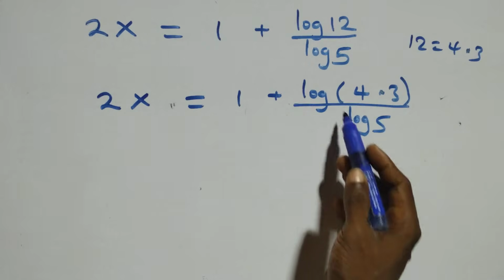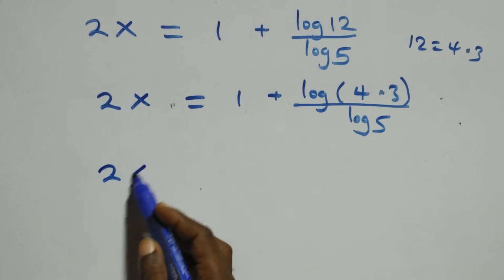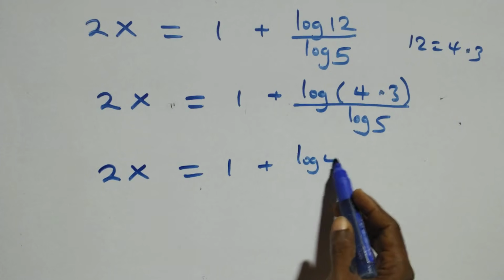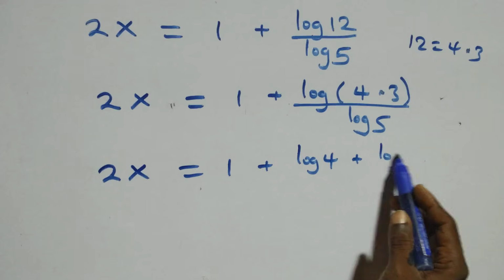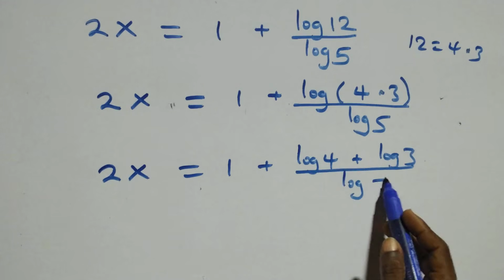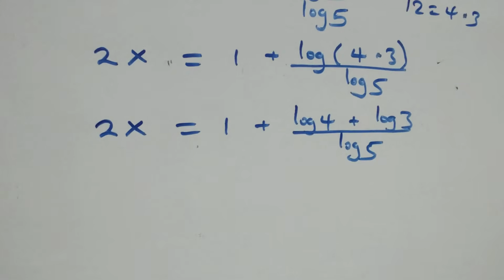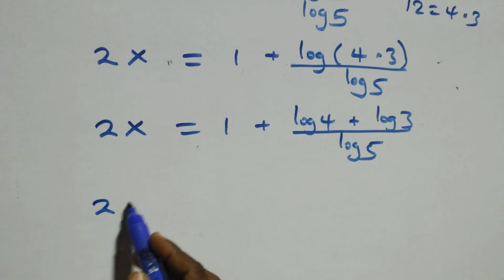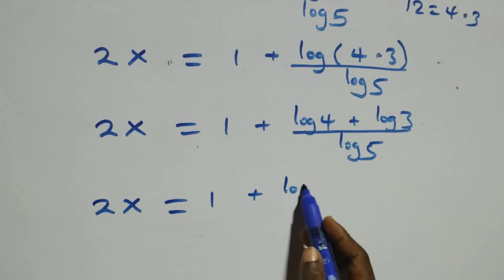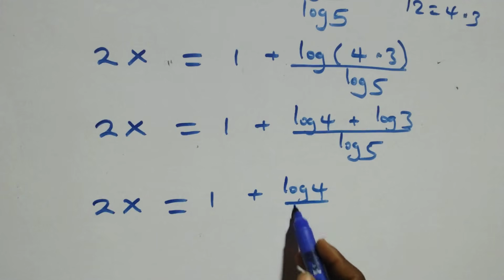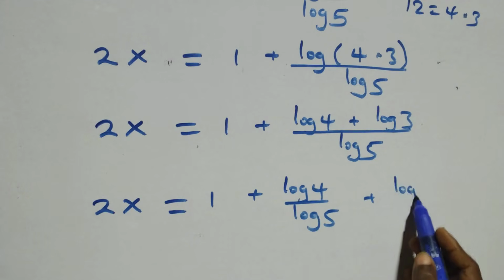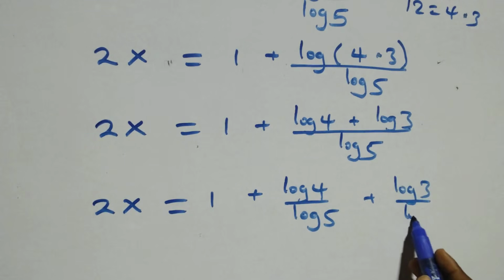Then this also follows the law of logarithm, and we have 2x equals 1 plus log 4 plus log 3 over log 5. Then we separate this into two fractions and we have 2x equals 1 plus log 4 over log 5 plus log 3 over log 5.